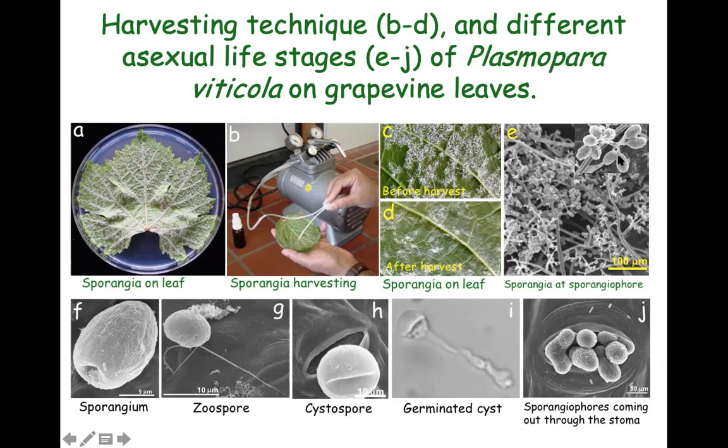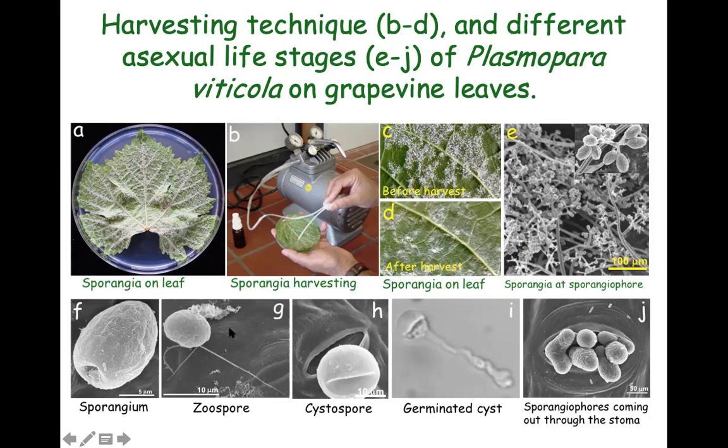Here you see the conidia are like this, like grapefruit, on the sporangiophore like a bunch of fruit, and I harvested them. After harvesting, I had a target to get the zoospores, because in the natural system, these airborne sporangia can move from one plant to another and infect the plant when the plant surface is moist. So they release zoospores.